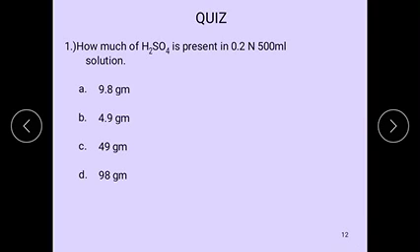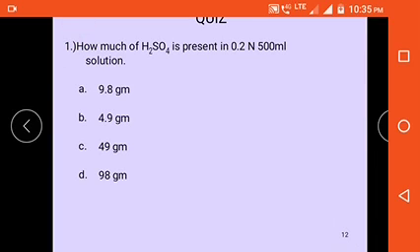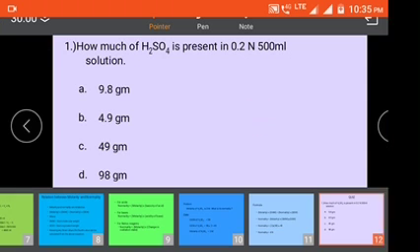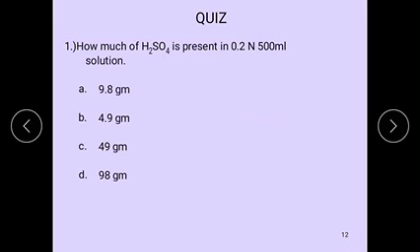From this we can calculate that this problem, W equals N into GEW into volume. Here the volume is 500 ml, which can be converted into liters.